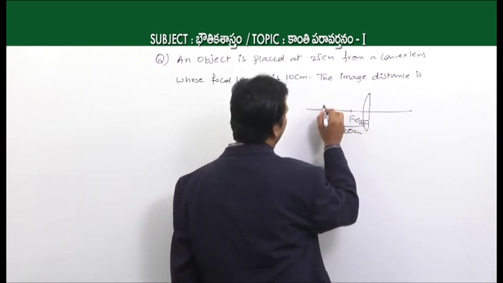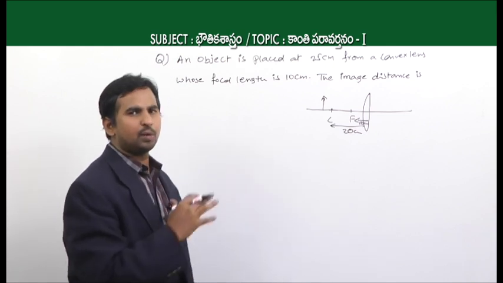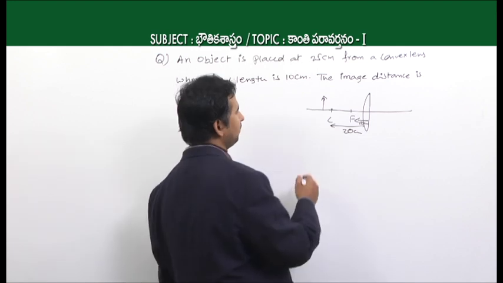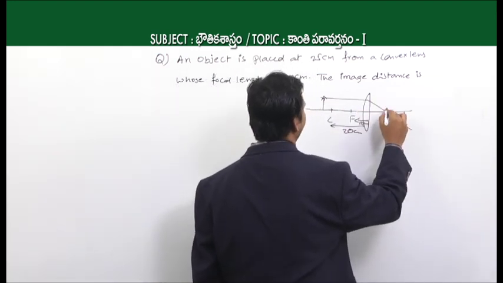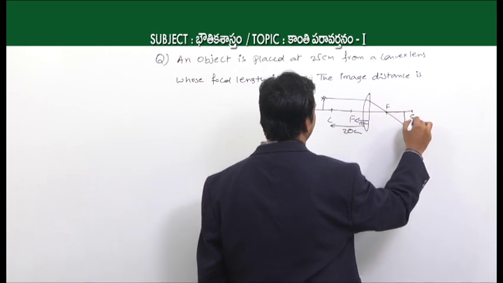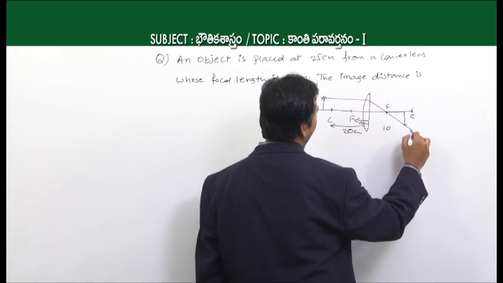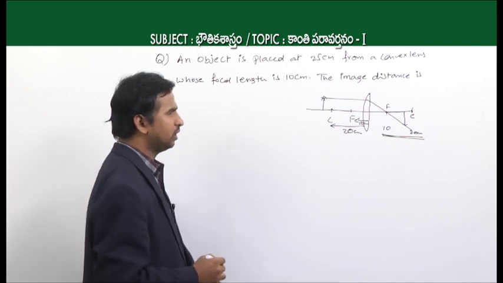For this position of the object, the image is formed in between C and F. So our answer should be in between 10 and 20 centimeters.